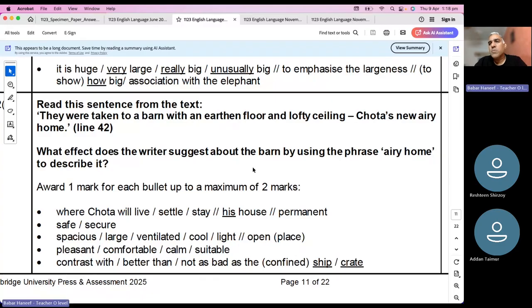Spacious, properly ventilated. So what does this airy home refer to? A permanent residence of Chota, which is very spacious and very comfortable for him. This is how you can answer it, and then we'll move to a similar kind of question.